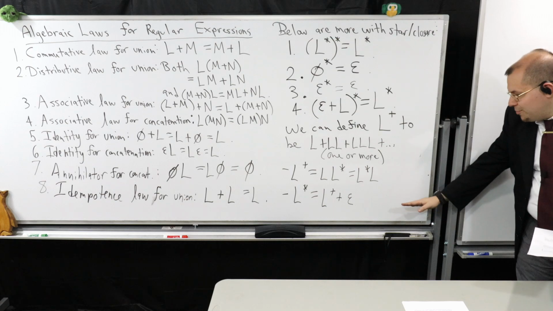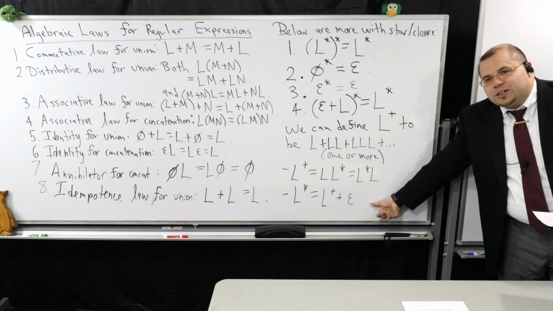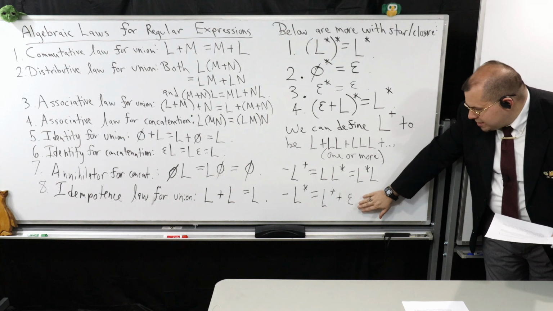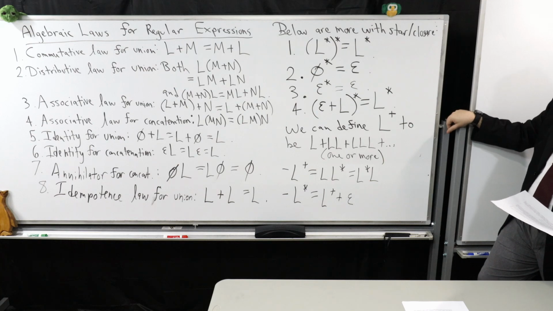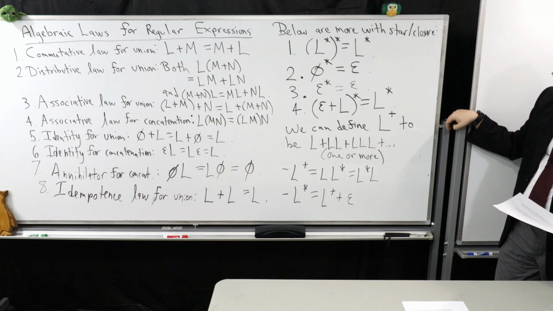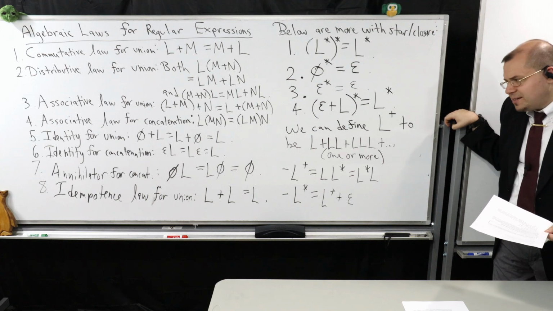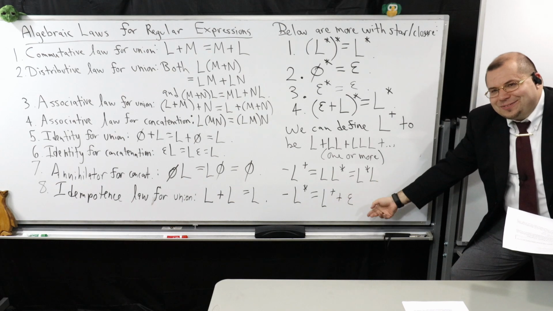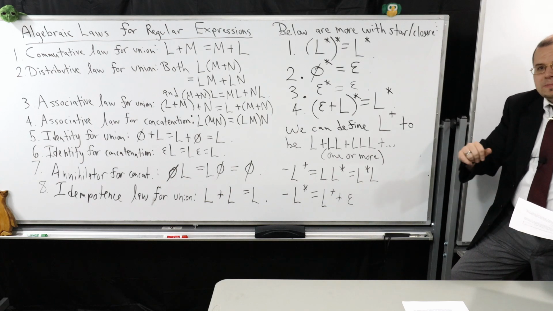Does everybody understand the second one? So L star is actually equal to L plus union the expression for epsilon here, the empty string. Does everybody see how this would be true? So this is another way I can actually just define what I just said right here. So remember, L star is where I take none of them, so none of the strings. So of course that resolves down to the set containing epsilon, right? And then you just have everything else right here. So that's why you can define L star in terms of L plus using this right here.